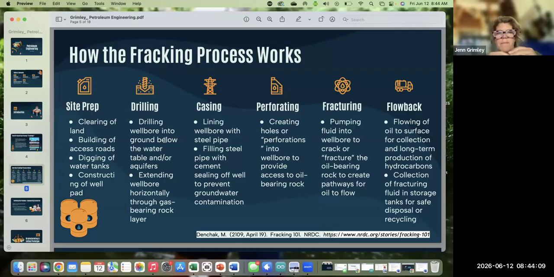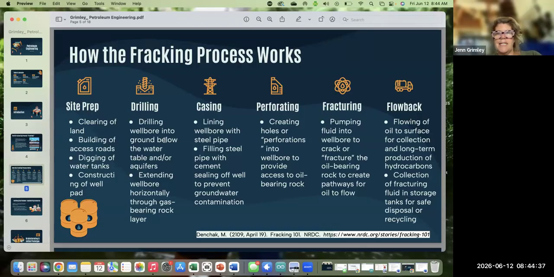Once it's underground, it's extended horizontally through the rock layer. Then the well bore is cased with piping and filled with cement to seal it off and prevent any contamination with the groundwater or the aquifer system.